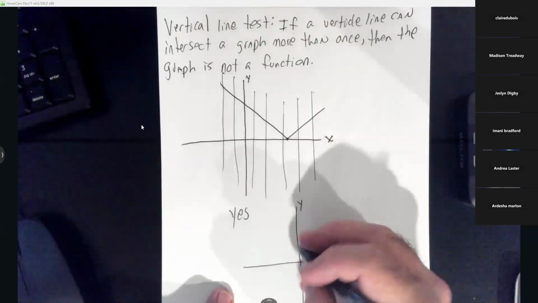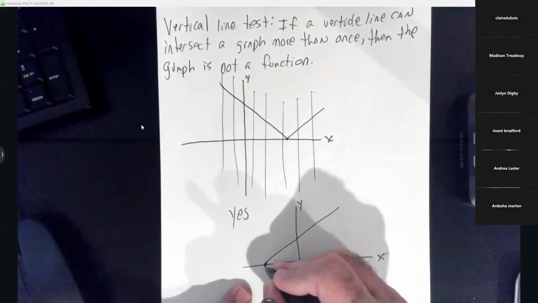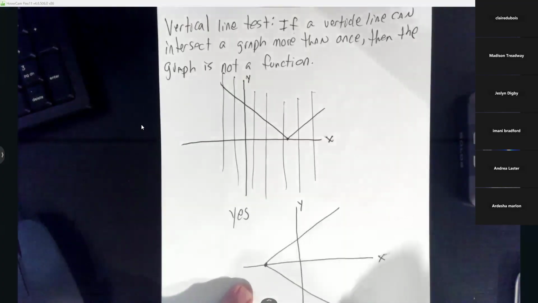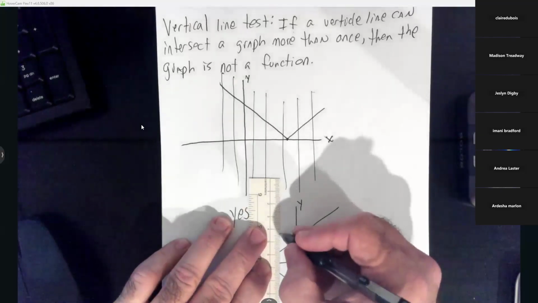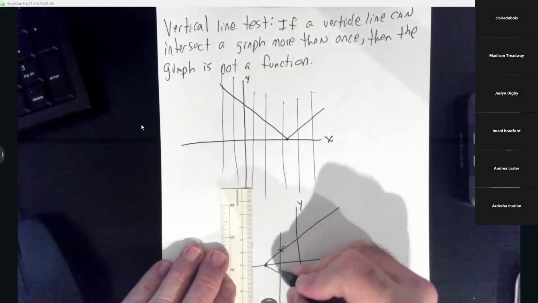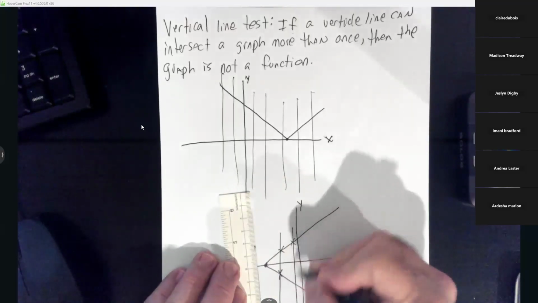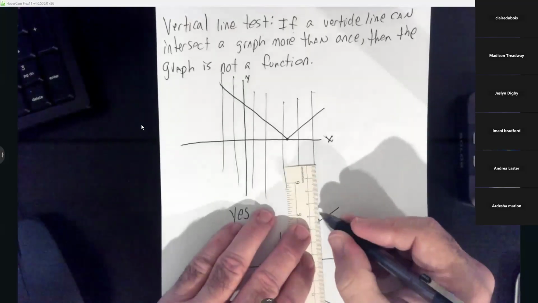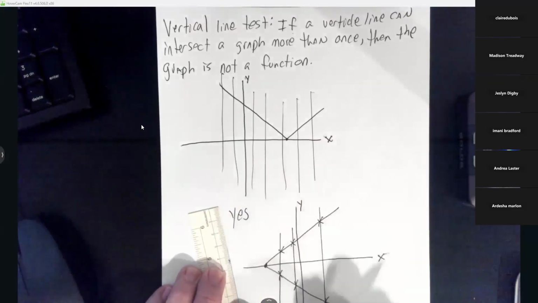So now what if I had something like this? So what if it was a graph that went sideways like a V? Well, look here. If you draw a vertical line, it intersects it twice. This vertical line intersects twice. This vertical line intersects it twice.